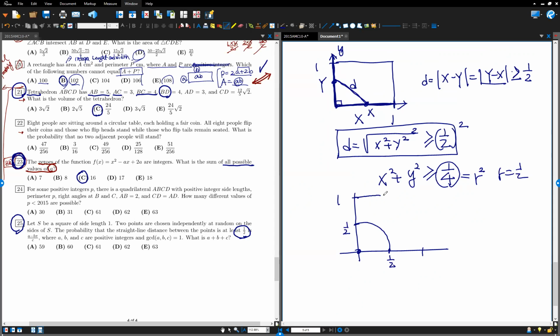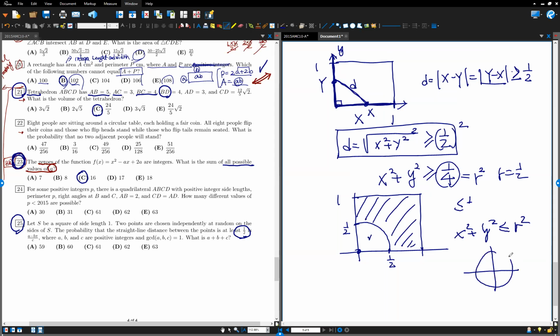Greater than, we have to choose this side. Greater, isn't it? Right? Less than is inside. If we have x squared plus y squared less than r squared, that is inside. Okay, greater than is what?